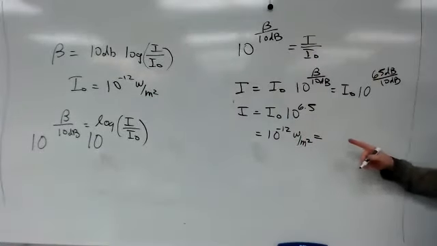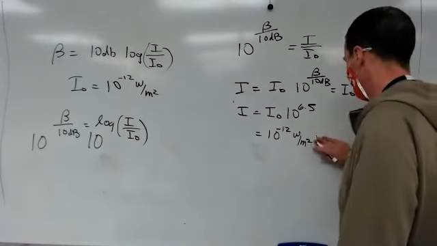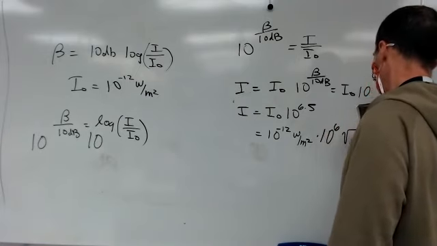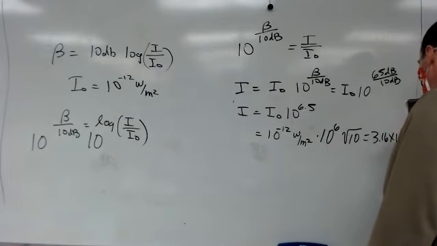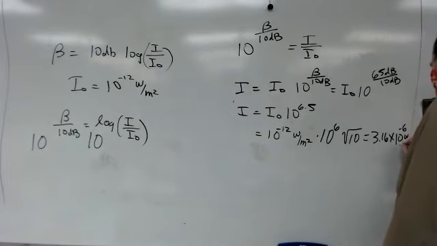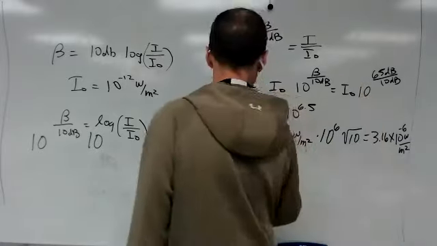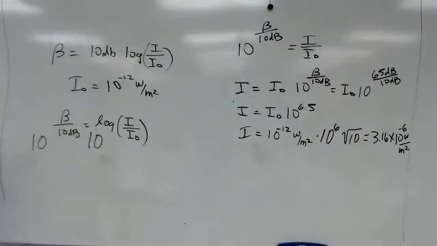If you're clever, you can kind of do these things. It's 10 to the 6 times the square root of 10, which is like 3.16 times 10 to the minus 6 watts per square meter. And so that should be approximately your intensity for that one.